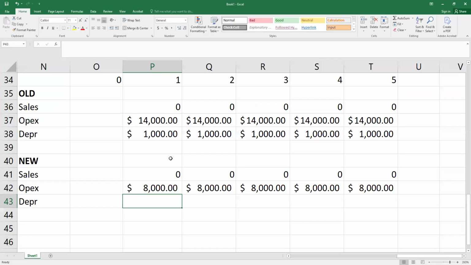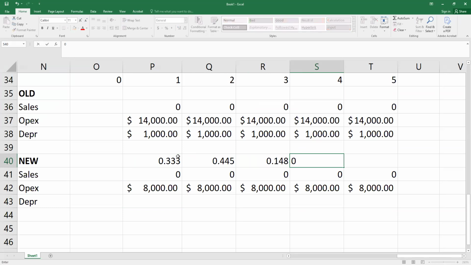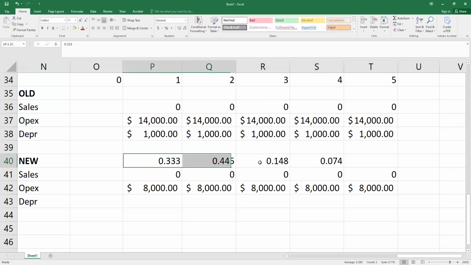So I'm gonna put here 0.33, 0.45, 0.15, and 0.07. If I'm not mistaken, they should be in total 100. Yeah, 1. Perfect.